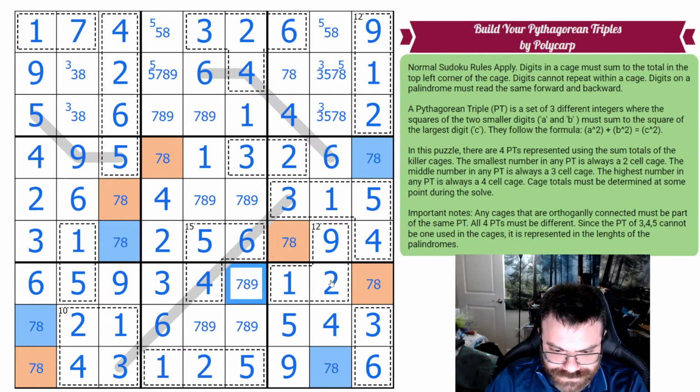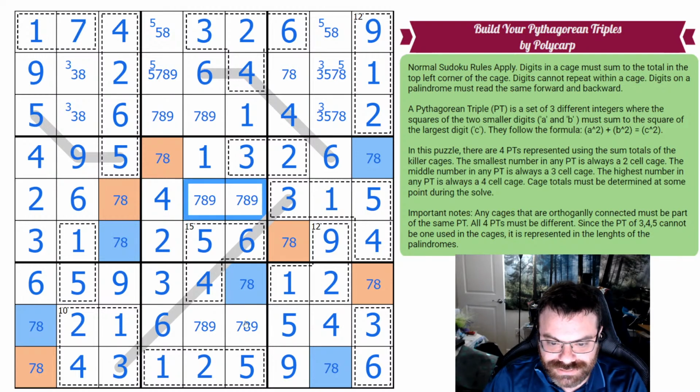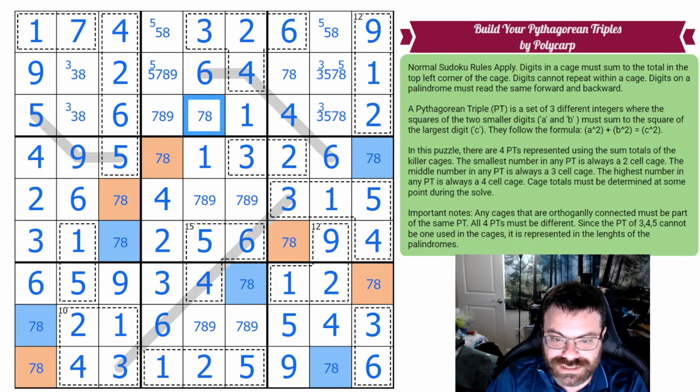I have a 9 here, so this is blue. These 9s line up, so that's not 9. Don't know what color this is, though.